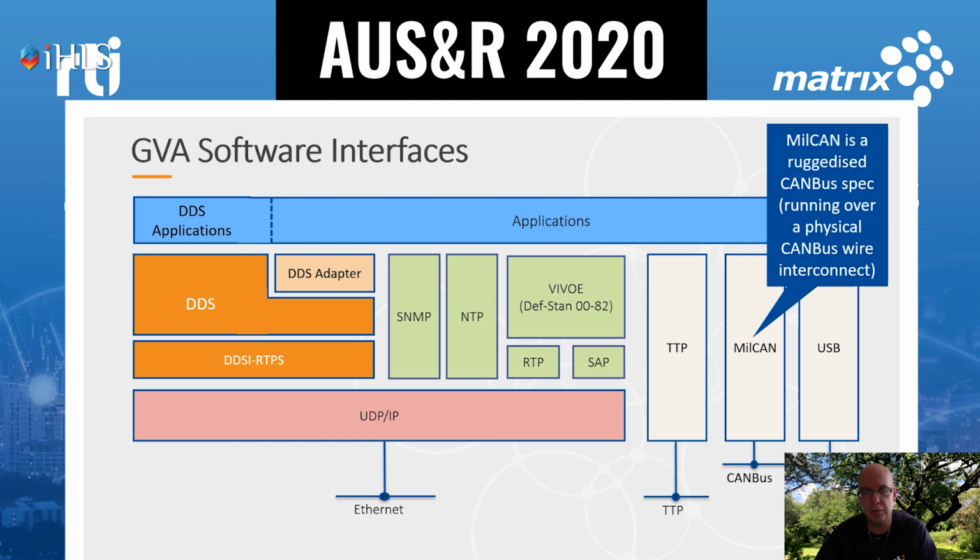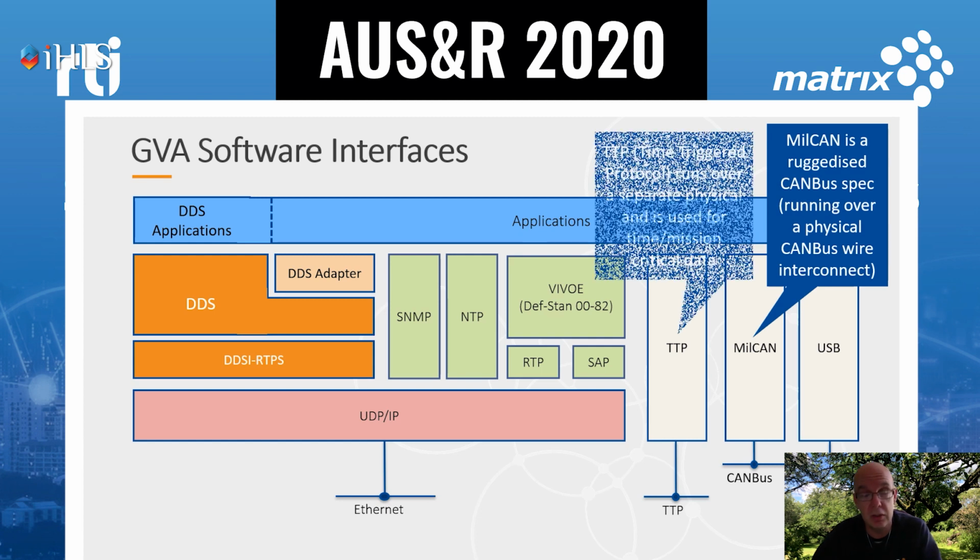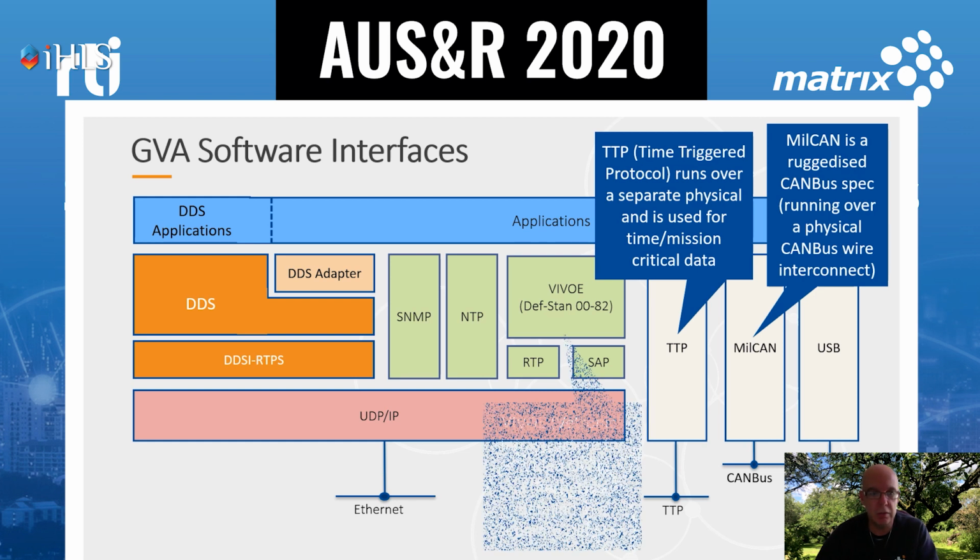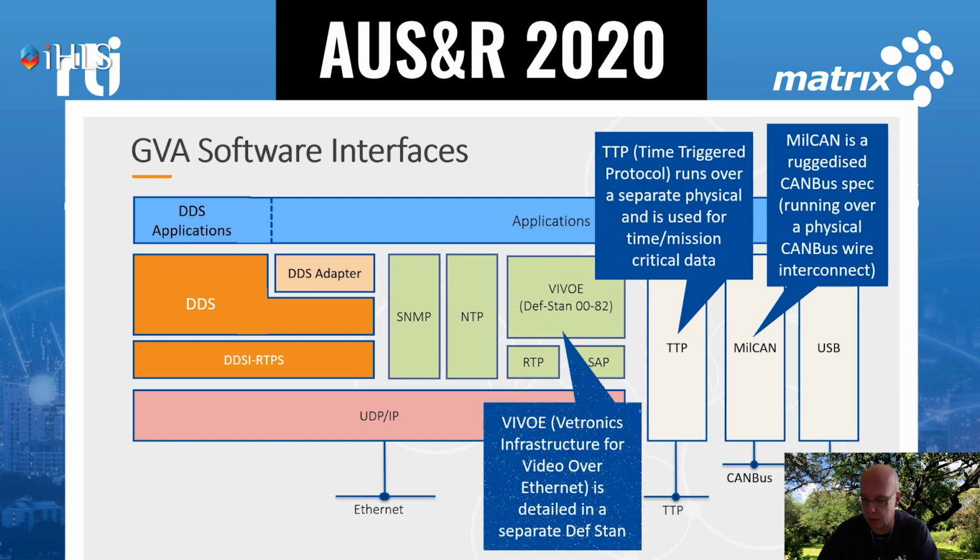What this means is video data is not carried over DDS. Now, that may be different in other nations that have derived versions of GVA. They may be serializing video data in the form of DDS and moving that over a DDS architecture. But in the UK, that's not the case.